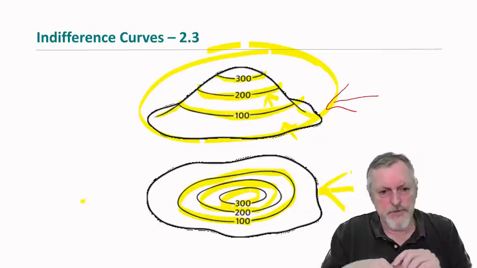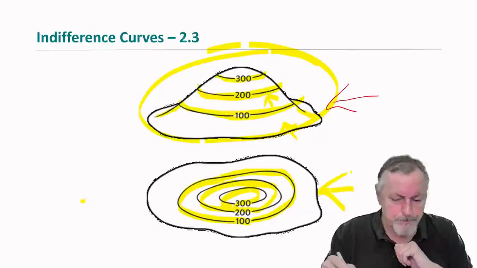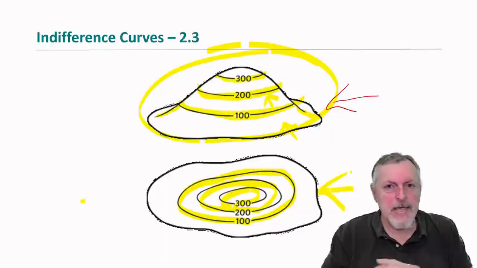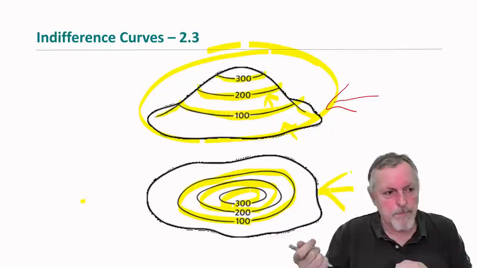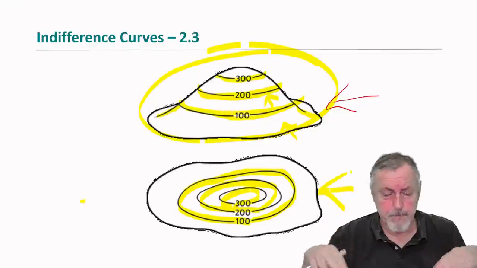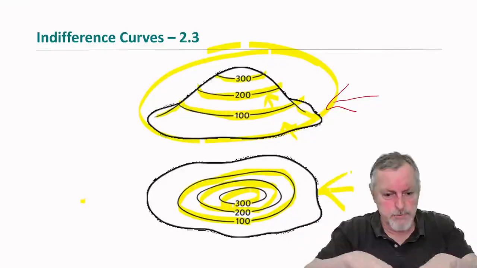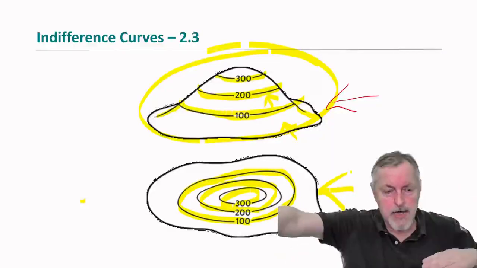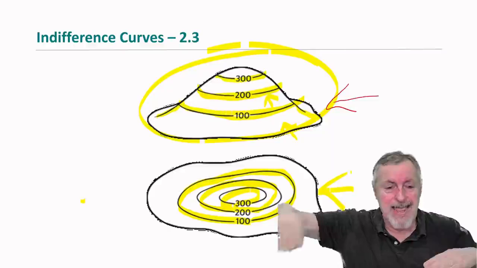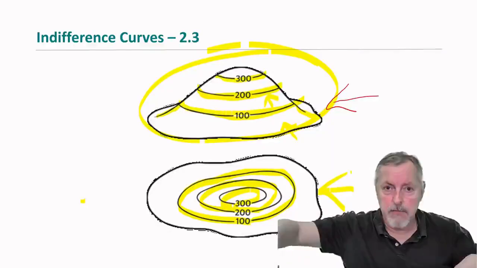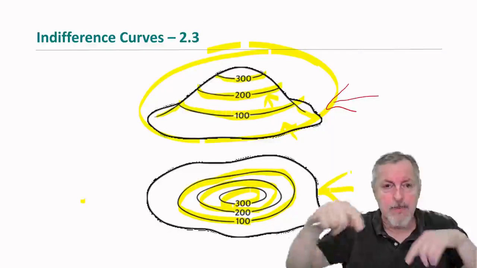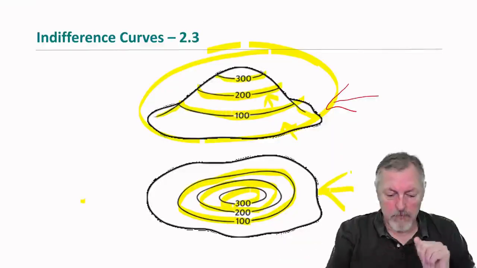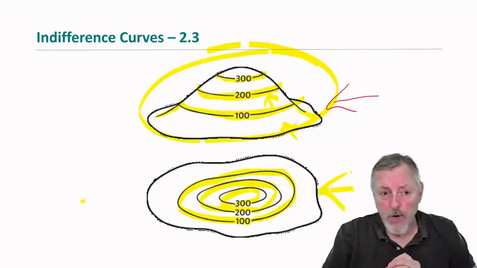Another way to think of these little rings is, in the upper image, if you took a plane that was parallel to the ground and you used it to cut through the mountain exactly at 100 feet elevation, the cut through would be that 100-foot mark.